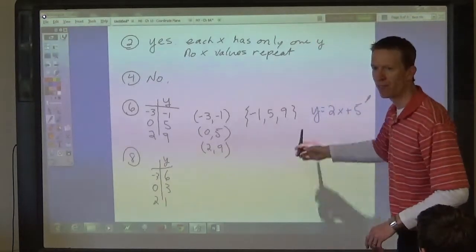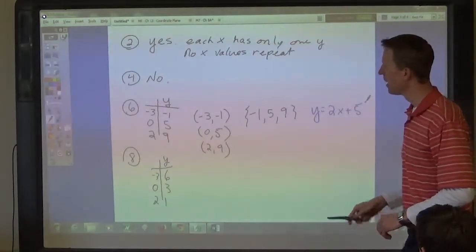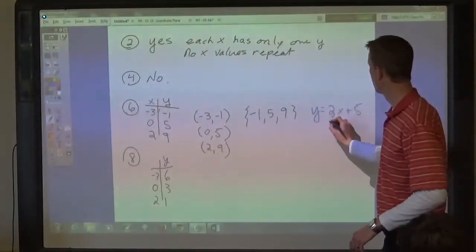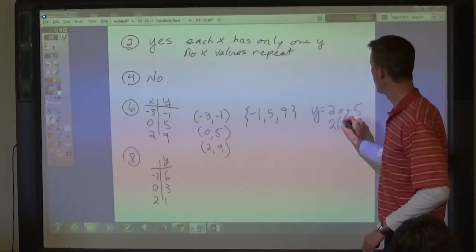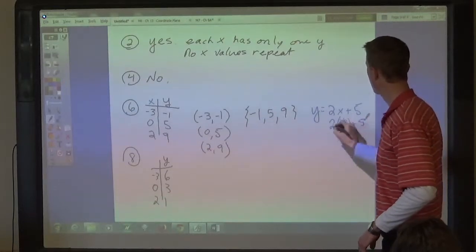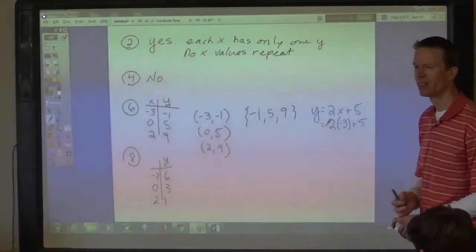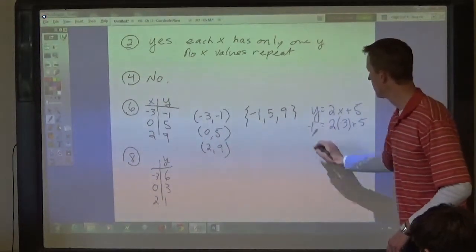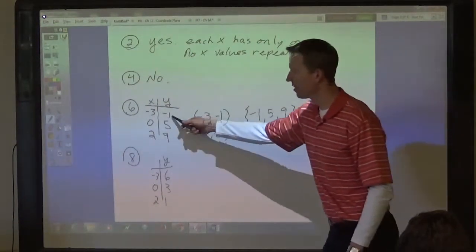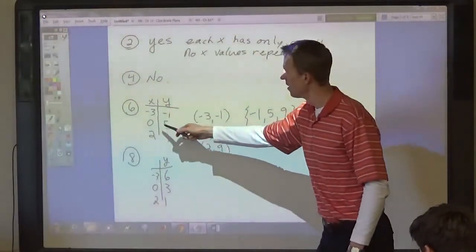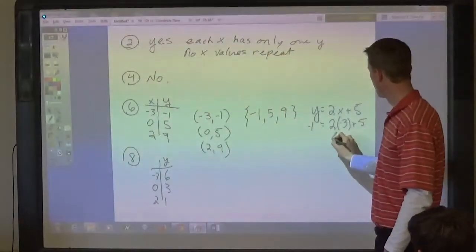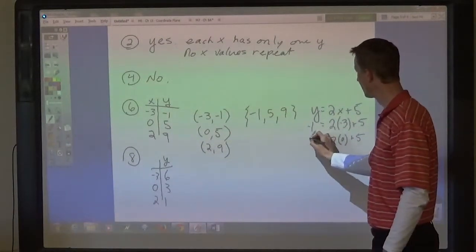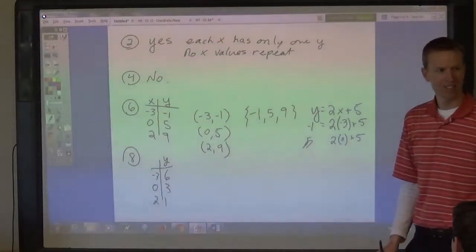Okay? That's the first thing we want to do. Then, it gives you the x values. So, put each one in. 2 times -3 plus 5 equals what? It would be -6 plus 5, -1. And write the answer. Then put in 0. 2 times 0 plus 5 is 5, right?